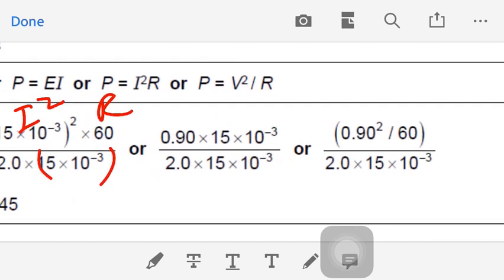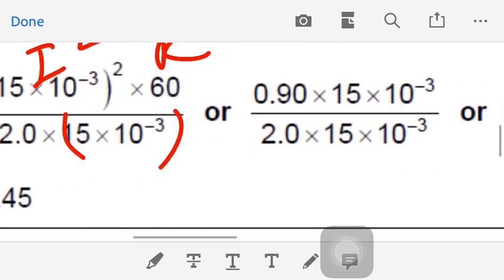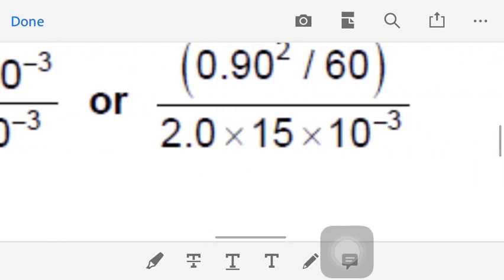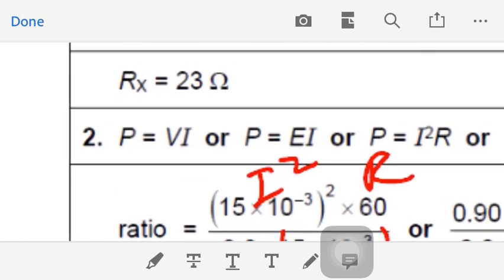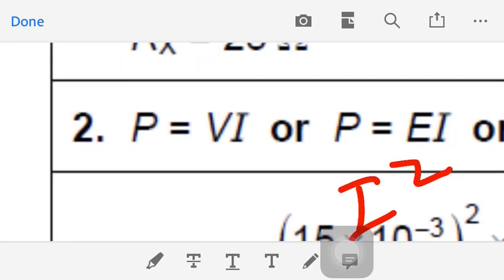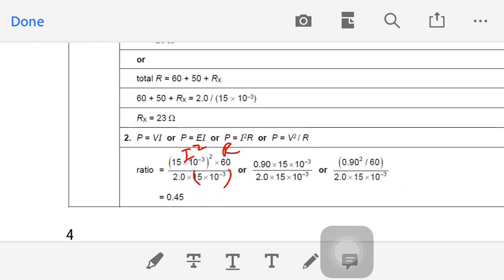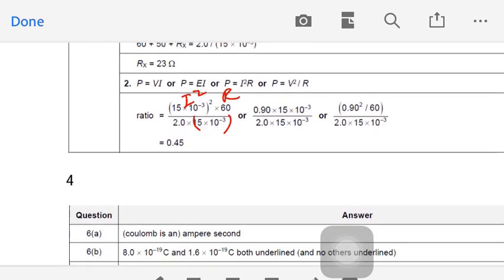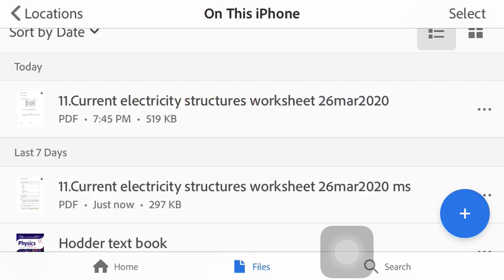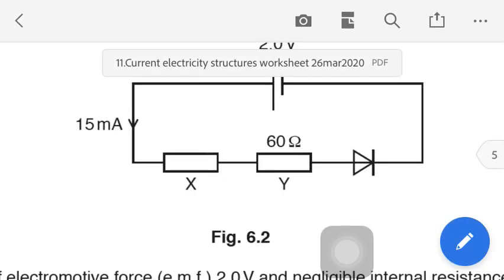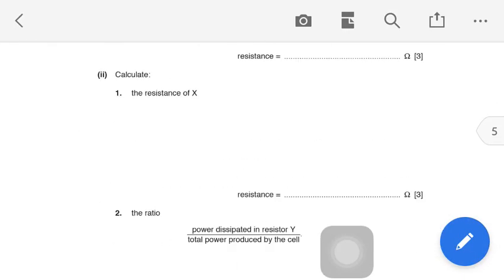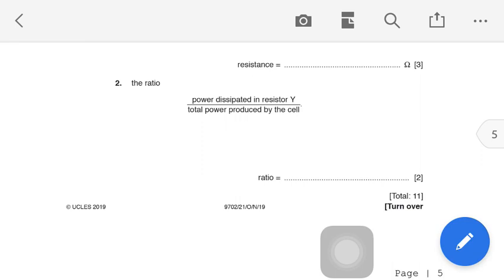But you can see for all the equations the battery one is the same, because for the battery you don't know the resistance, so the only option you are left with is P = VI. But for the remaining you can use any of the 3. For Y you can use any of the 3. Okay, so that brings it to the end of that question.